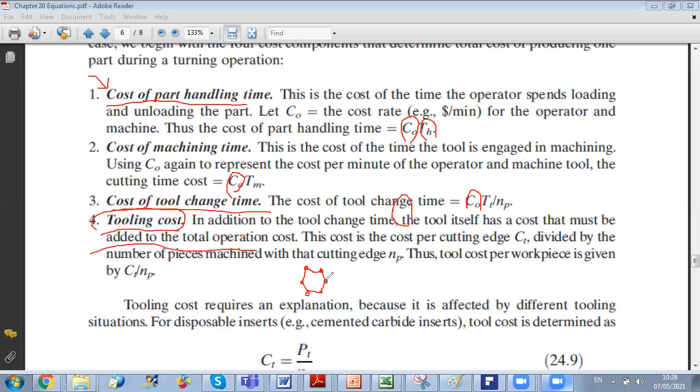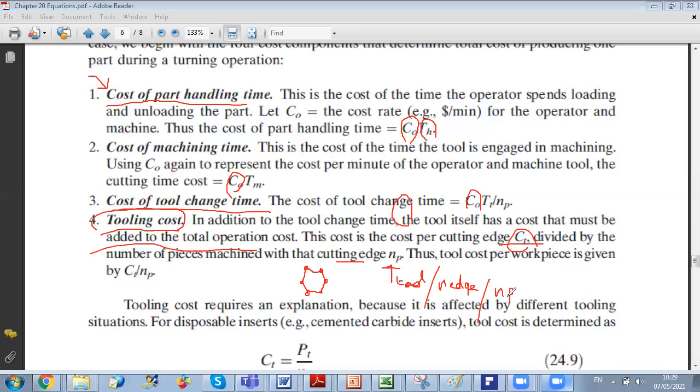So in total, the cost per unit product will be the total cost of the tool over the number of edges, which is called CT, which is the cost per cutting edge. Okay, and then we should divide this by the number of pieces that can be produced by one cutting edge. So this CT should be then divided by the number of pieces we can produce with this cutting edge.